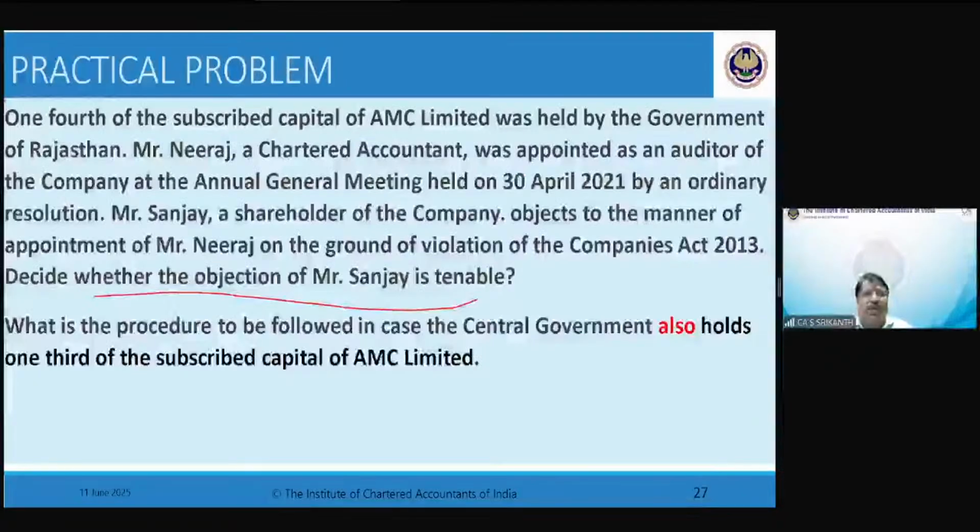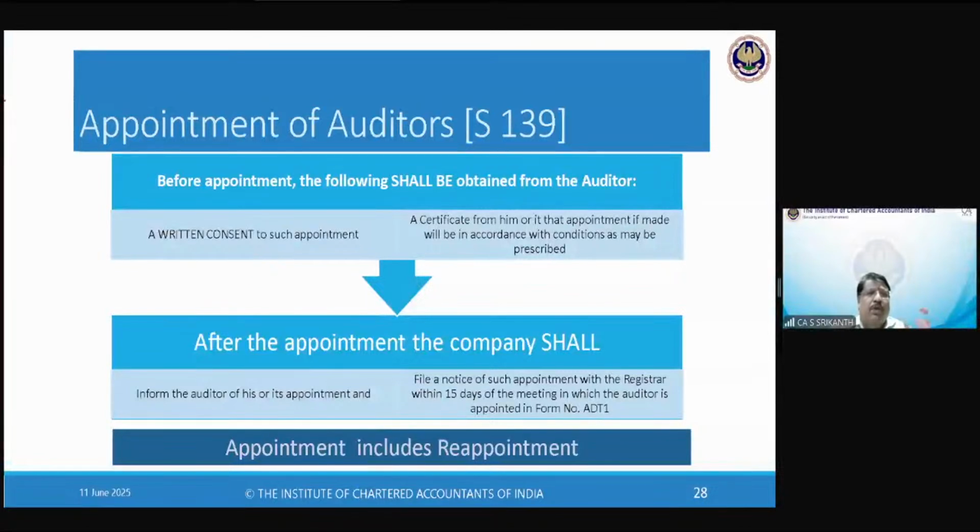So now we have seen the basic rules. Now we go to appointment. The procedure, briefly. Before appointment, you have to obtain the following from the auditor. 1, a written consent to the appointment. You first write a mail to him saying, we wish to appoint you, kindly confirm your consent in writing.